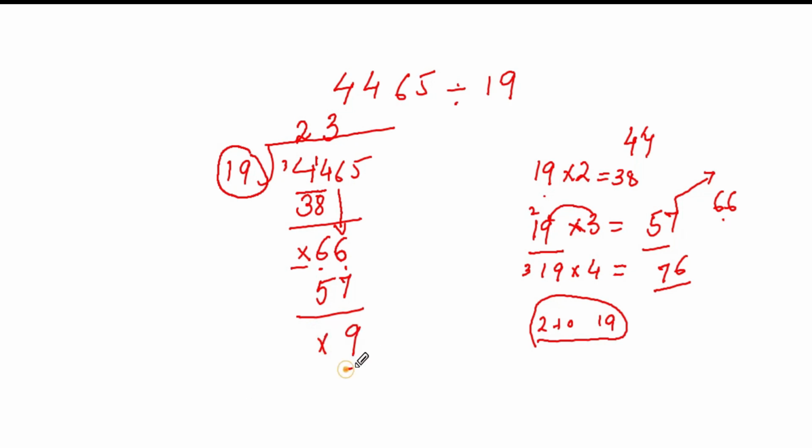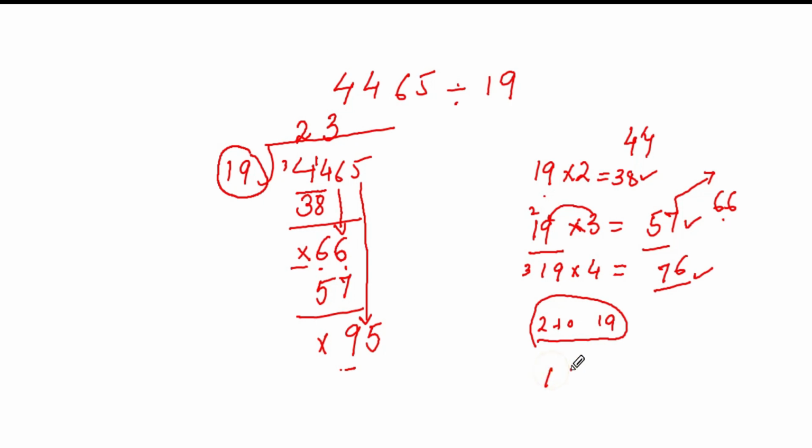Now look again, this 9 is less than 19, so you need to take down the next digit, that is 5. So now we have 95 here. Again we need to go back into the times table. We have 19 times 2, 19 times 3, 19 times 4.